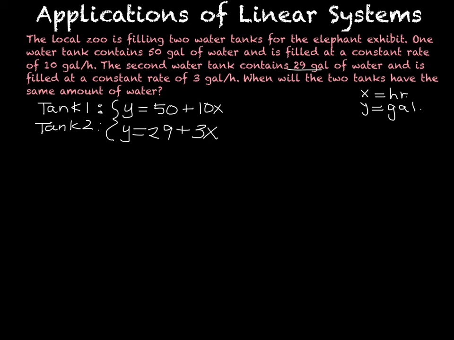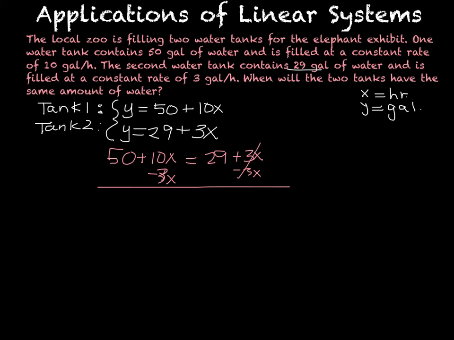Since they're both solved equal to y, I'm just going to set them equal to each other. So we want to know when is the first tank equal to the second tank. So I just solve. Subtract 3x, giving me 50 plus 7x equals 29.